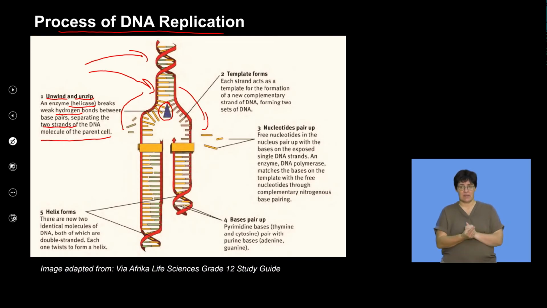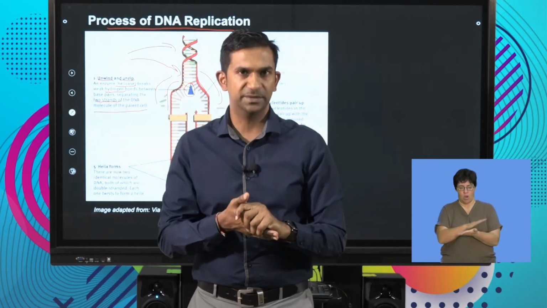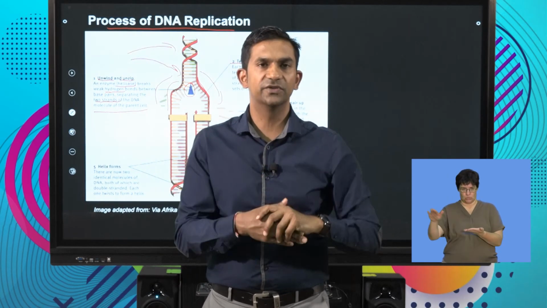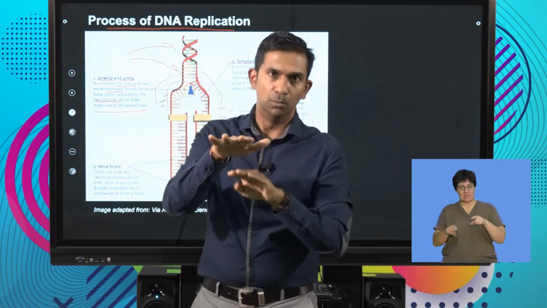What happens next is that these exposed, separated strands now act as a template. A template is essentially something we copy from. If you take a worksheet to a photocopying machine and place it over, the photocopier uses that as a template to make more copies.